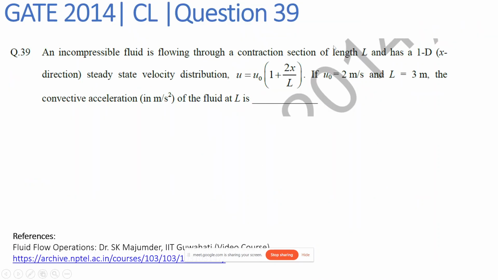So this is question number 39 of GATE 2014, and the question is: an incompressible fluid is flowing through a contraction section of length L and has a one-dimensional steady-state velocity distribution given by this equation. If u naught is equal to 2 meter per second and length is equal to 3 meter, then the convective acceleration of the fluid at L is dash. So let's take a look at the video solution. That will make things more clear.